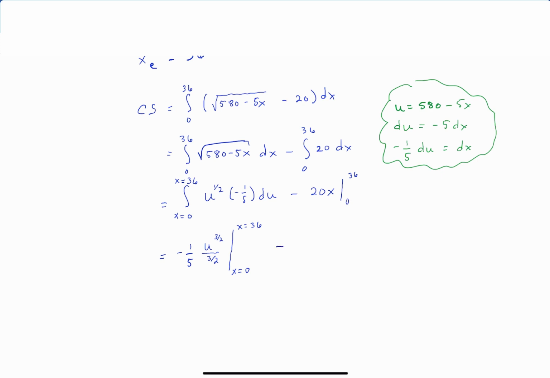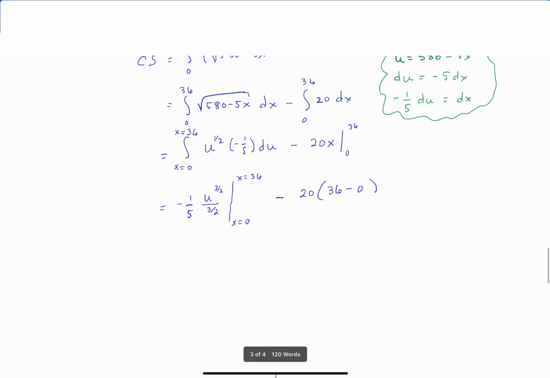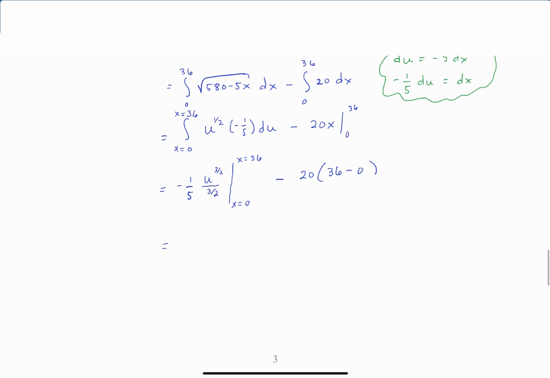Moving on to the next part, I will put in the 36 and the 0 for x. Back to the first one. Dividing by 3/2 is like multiplying by 2/3, and I'm putting in 580 minus 5x for u. That's being raised to the 3/2 power, going from 0 to 36.